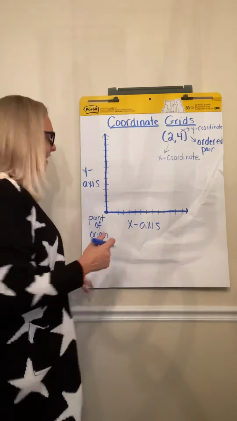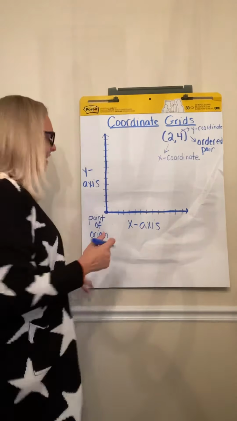So these are usually numbered. They can be numbered by ones, they could be numbered by twos, they could be numbered by 5s, 10s, 15s, 20s, they could be numbered by hundreds or thousands. It all depends on what kind of information we're looking at, okay? So I'm just going through and numbering. Usually when you see a problem, that will already be done for you.